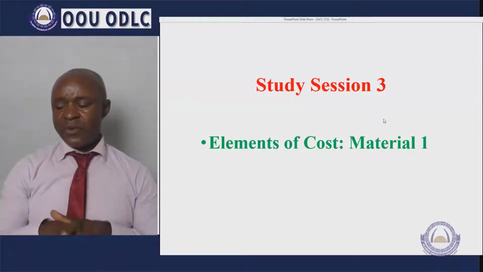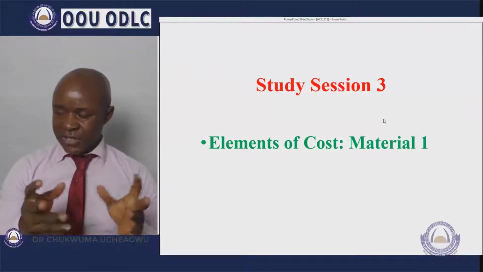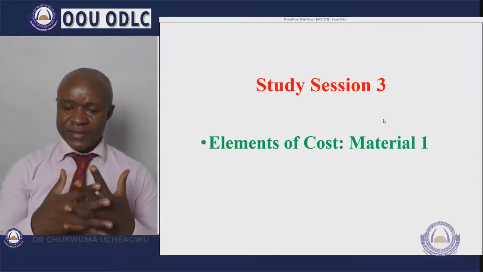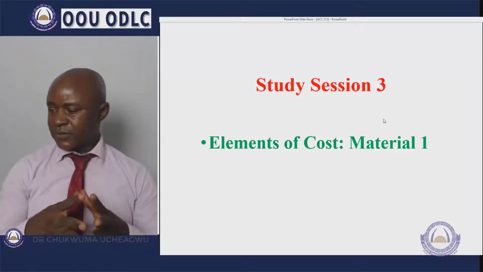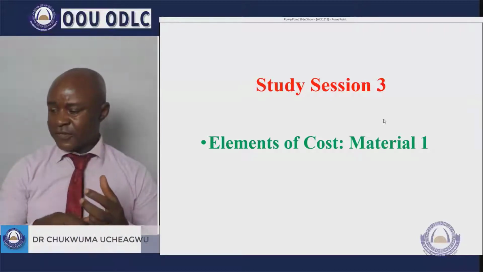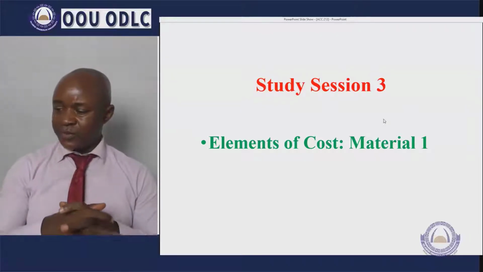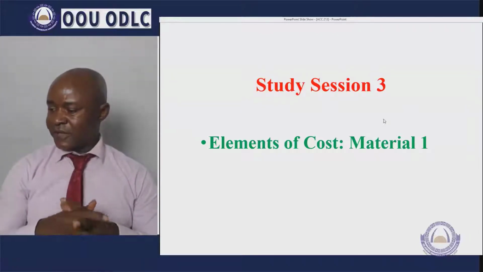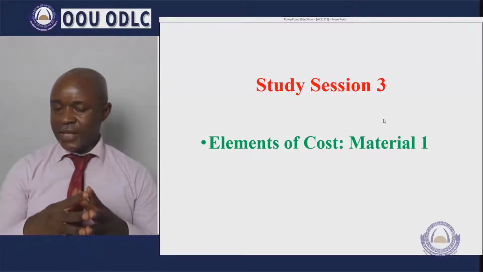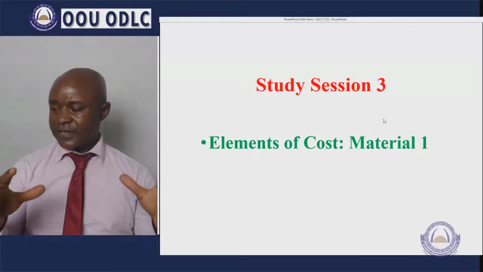In line with CIMA, cost classification is the arrangement of cost into logical groups, whether in line with the nature of that cost, that is, whether it is fixed, variable, or value adding, whether by function, that is production or selling, or whether in line with elements of cost, which has to do with material, labor, and expenses. So we studied that in session 2.